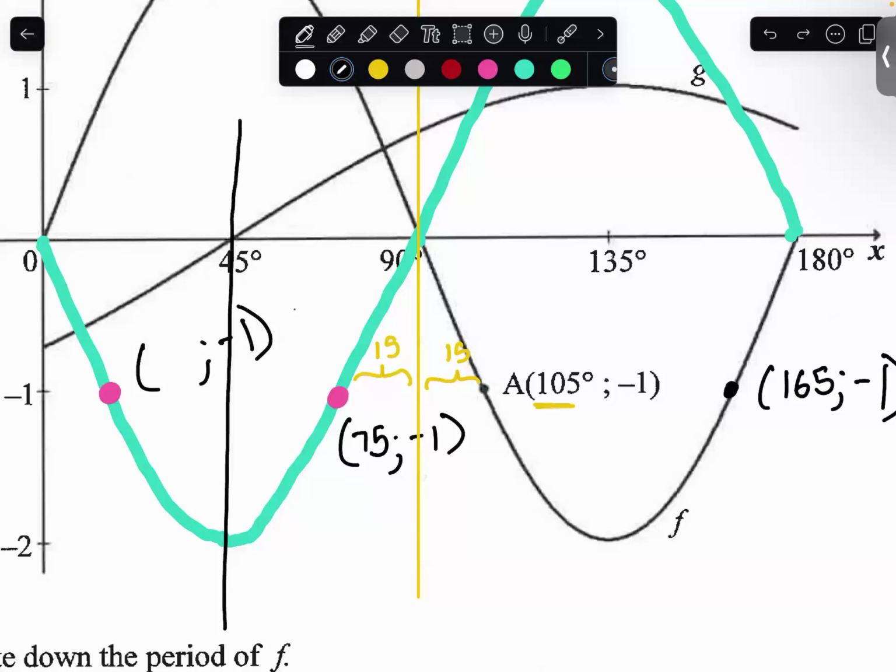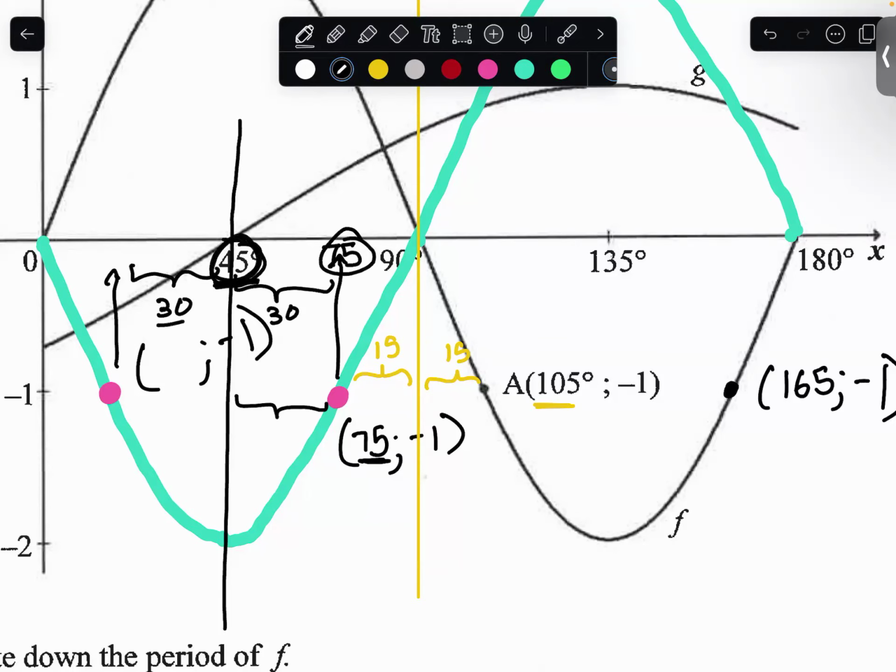And so if it cuts it in half, the distance from 45 to 75, this is 75, right? This distance must be the same as this distance. And so it was 30 there, so this is also 30. From 45 to 75 is 30. And so from 45 to this x value must also be 30. So 45 minus 30 gives me 15.